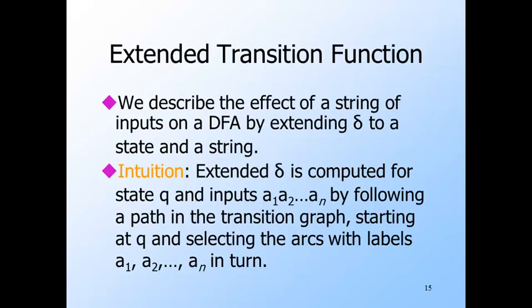That is, we look for the unique path from Q whose labels form W. In some materials you will see a hat over the delta to remind you that it is the extended version. However, as we shall see, the extended delta agrees with the given delta when the string W is of length 1, that is, it is a single symbol. Thus there is not really a need to distinguish the extended and original deltas.